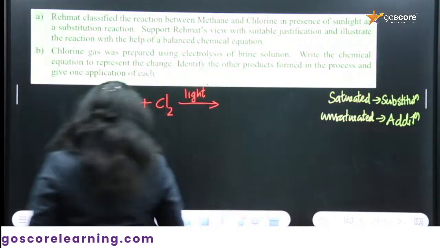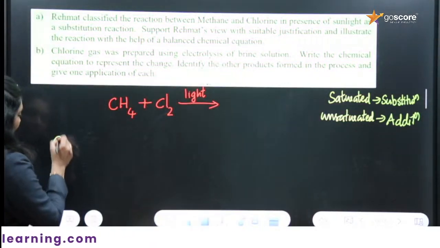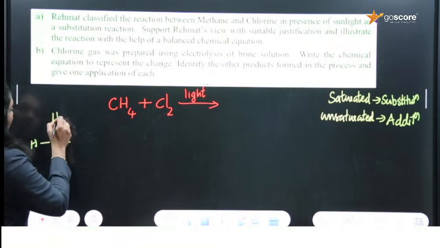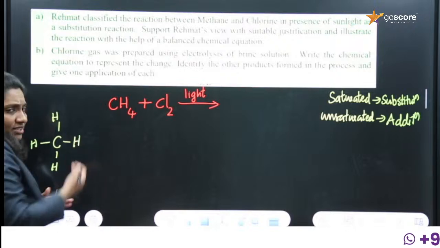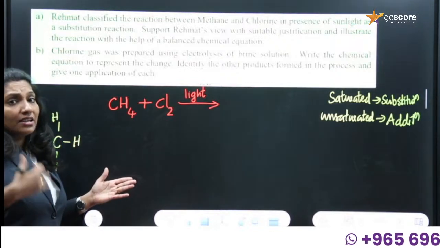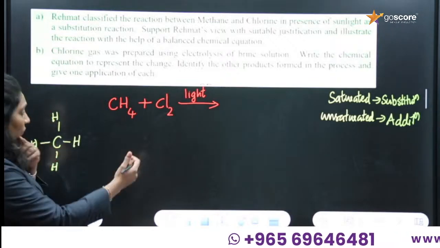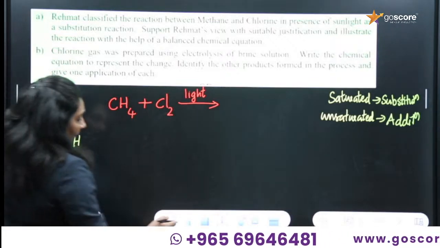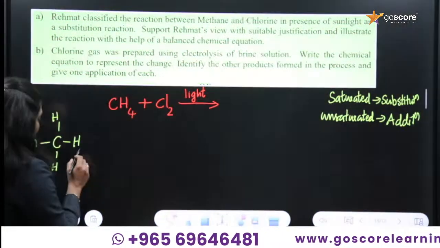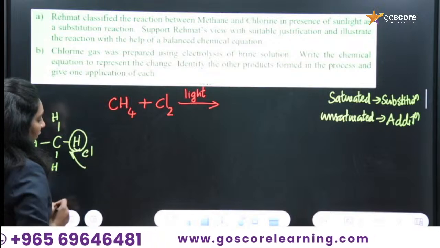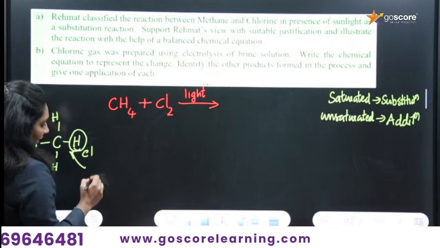So in the methane, we know that methane has 4 hydrogen, right? So if any of these hydrogen atoms is displaced or substituted by another element. When you are treating with chlorine, this hydrogen will be substituted by chlorine, and the evolved hydrogen will react.